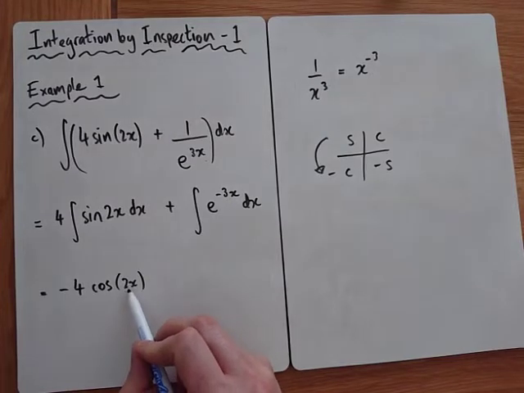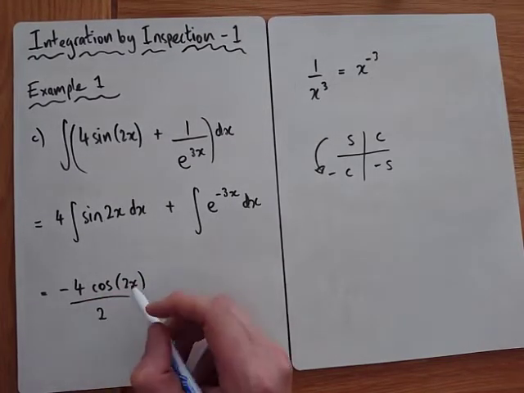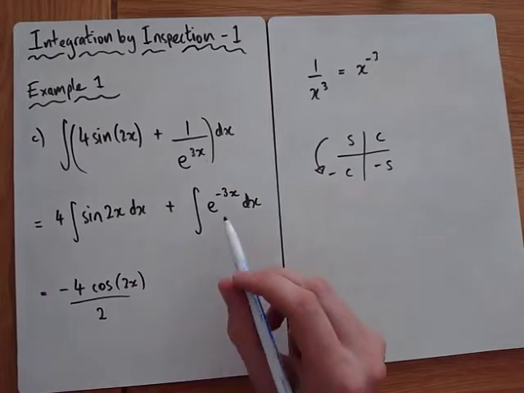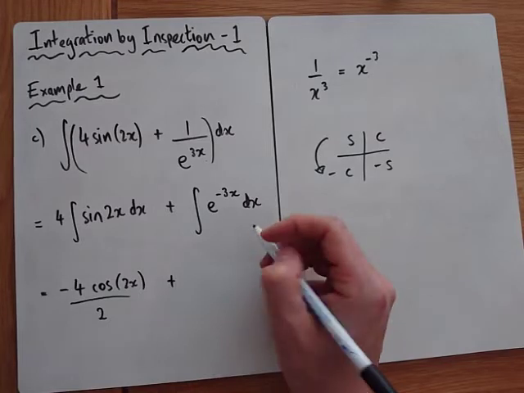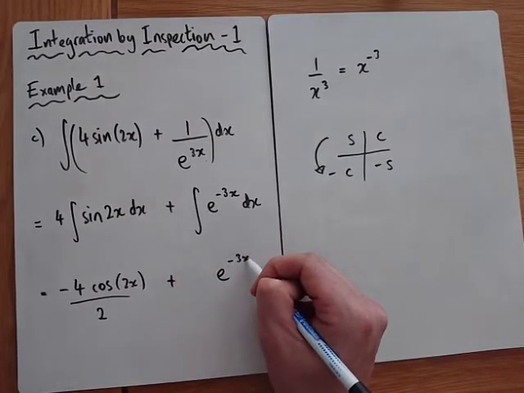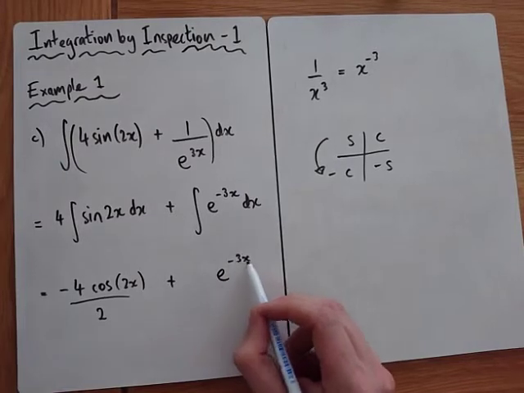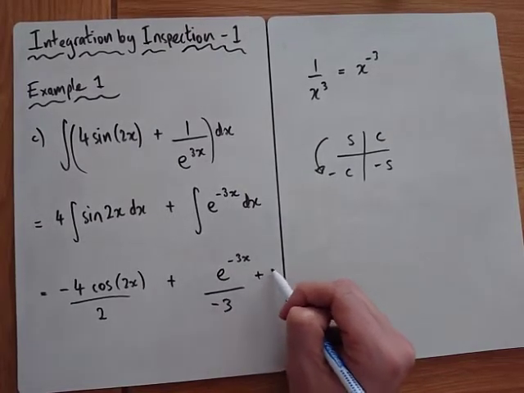But because it is 2x, very, very important that we remember when we're integrating, we divide by the coefficient, which is 2. e to the minus 3x, so if I'm integrating an exponential, the power stays the same. The coefficient is minus 3, so I'm going to be dividing by minus 3.